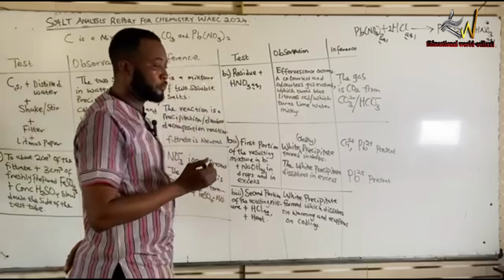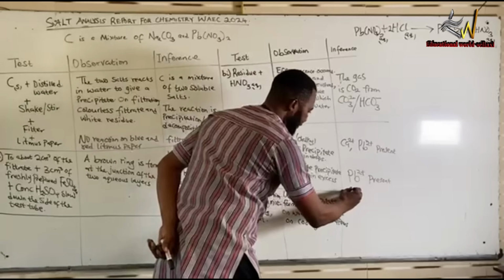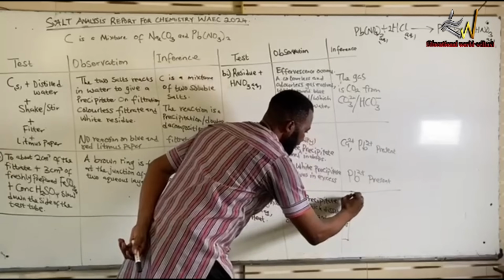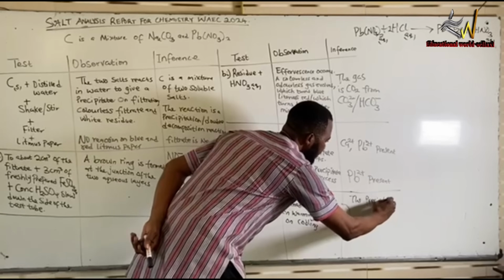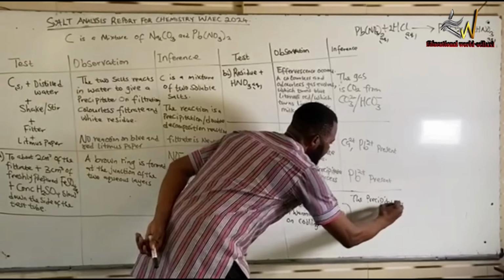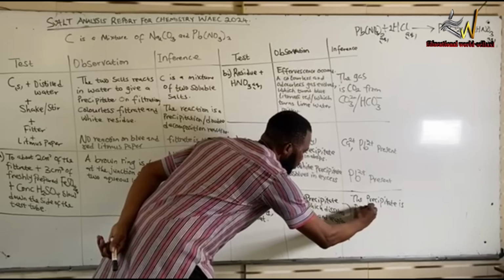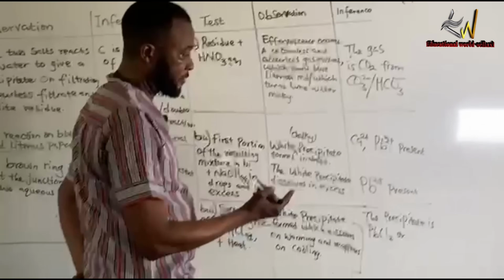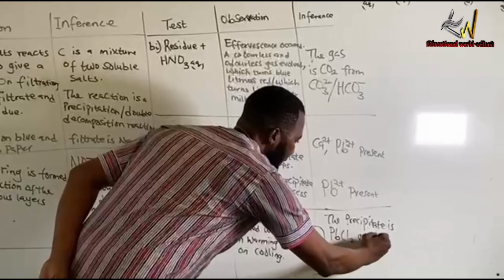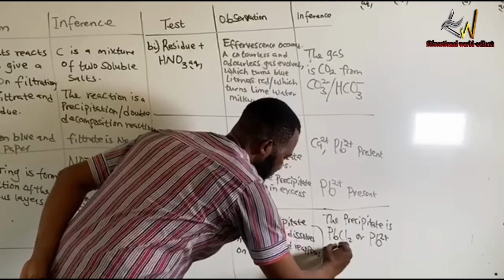Now this is how I want to take my inference. My inference will be the precipitate is PbCl2. You wouldn't know what they are actually expecting, so you may add this, or Pb2+ present.